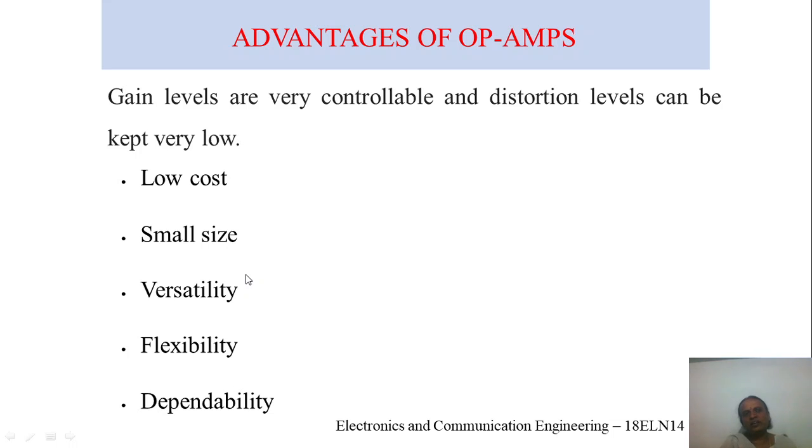Although an op-amp is an open loop amplifier with a level of gain, op-amps are able to harness the advantages of a very high gain by using a negative feedback. This feedback also I'll be telling you later on in this section. In this way we can have the gain levels controllable and distortion levels can be kept very low.